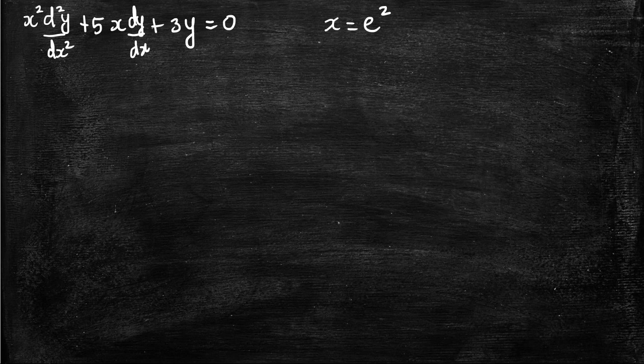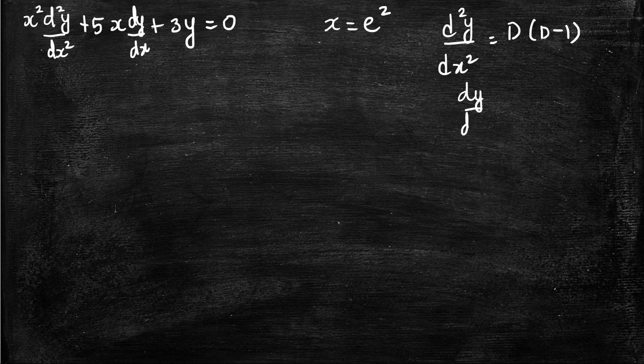Replace x as e power z, and then replace x square d square y by dx square as D into D minus 1, and x dy by dx as D. And this is e power z.